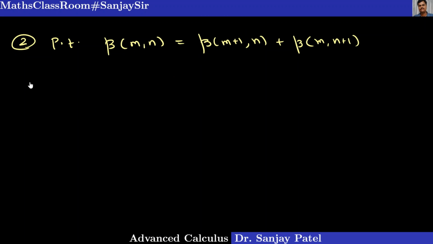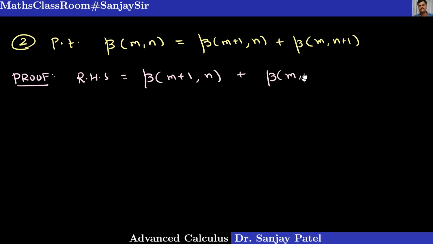For this, I will start with the right hand side of this result. So consider RHS, that is beta of m plus 1 comma n plus beta of m comma n plus 1.